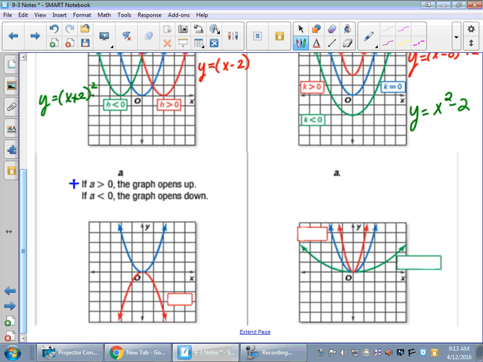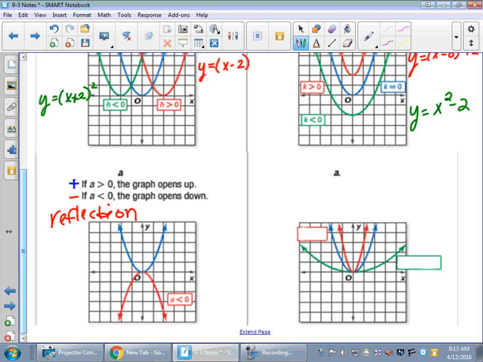If a is less than 0, or another way of saying that, if a is negative, the graph is going to open down. If you look from the blue to the red graph, the transformation that's occurring here is a reflection. It's reflected over the x-axis.